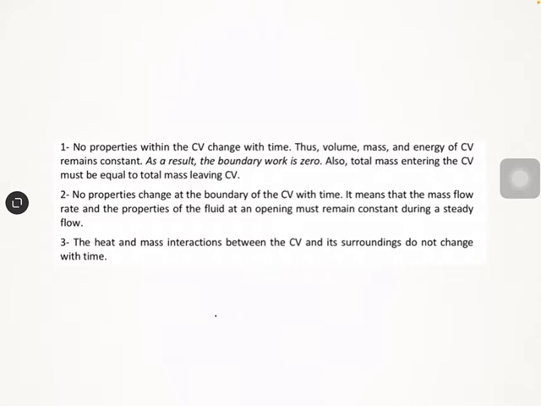And lastly, third, the heat and mass interactions between the control volume and its surroundings do not change with time. So it states that for a steady state, steady flow process, the mass entering is equal to the mass leaving.